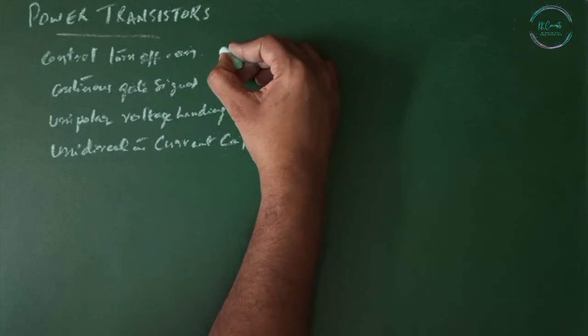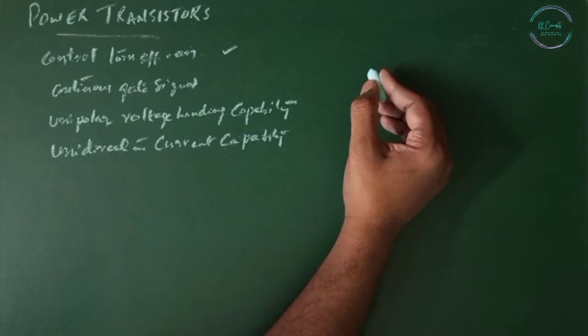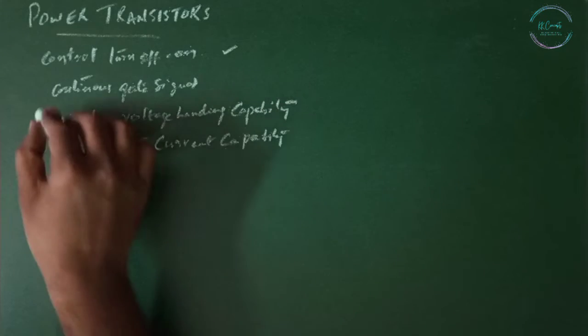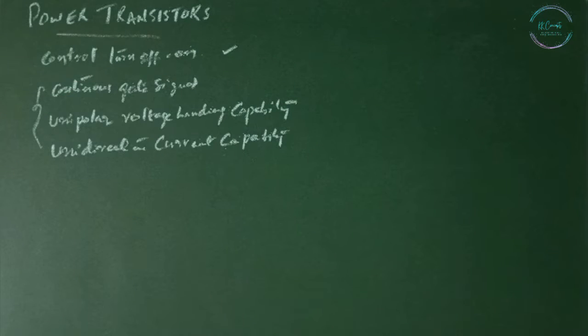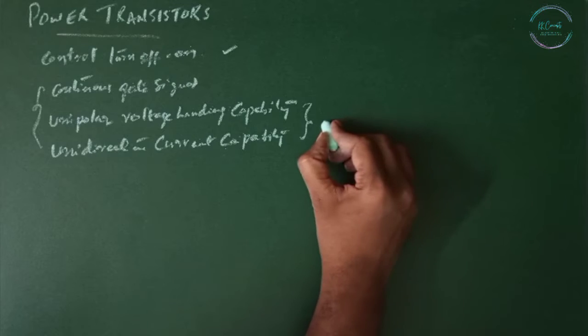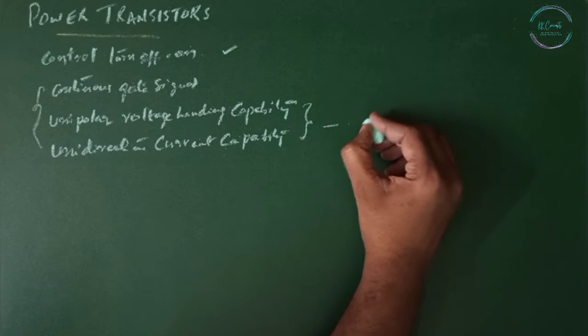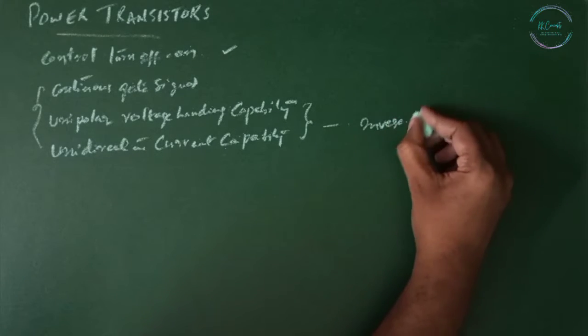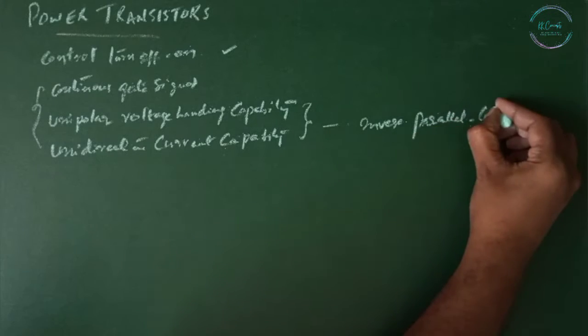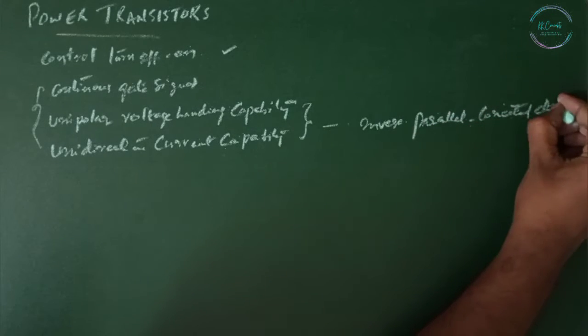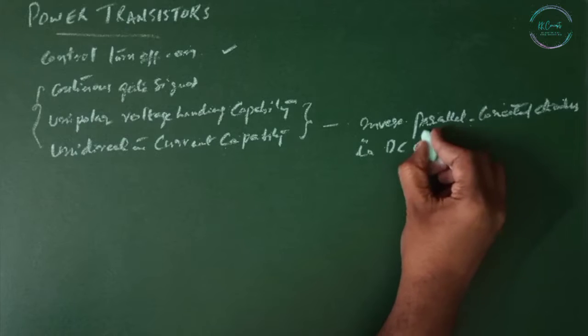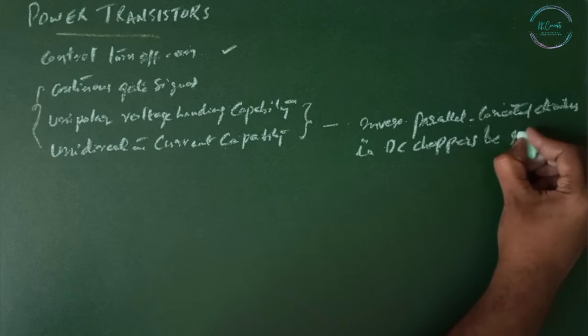So these characteristics have advantages, but these characteristics are poor. To overcome these two problems, they are operated along with inverse parallel connected diodes in DC choppers and in inverters.